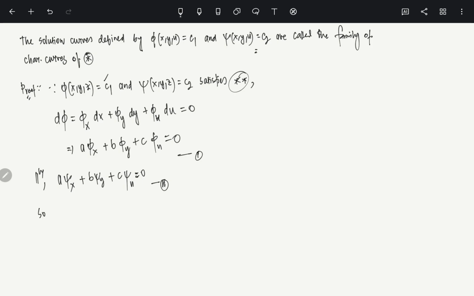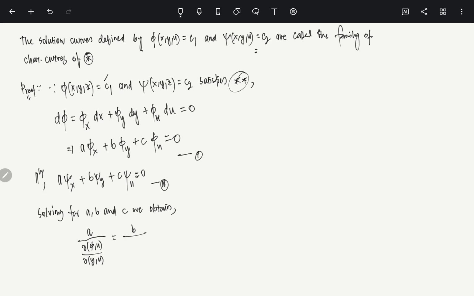Now if you solve for A, B and C, what do we obtain? We obtain A by del phi psi by del y u, equals B by del phi psi by del u x, equals C by del phi psi by del x comma y.